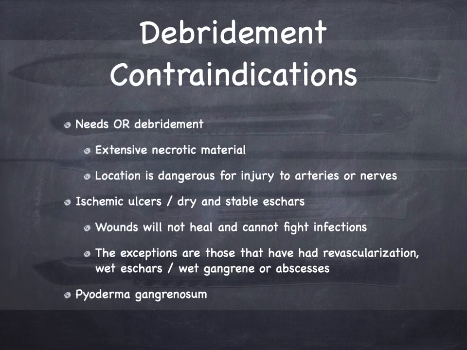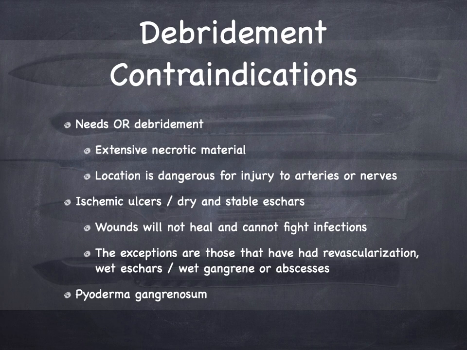Now, there are some contraindications. Some patients need to just simply go to the OR for the debridement if it's extensive or the location is dangerous, such as having close proximity to major arteries or nerves. Second, when the patients have ischemic ulcers, such as dry or stable eschars, when they have not been revascularized, typically in ischemic wounds, the wound will not heal and cannot fight infection.